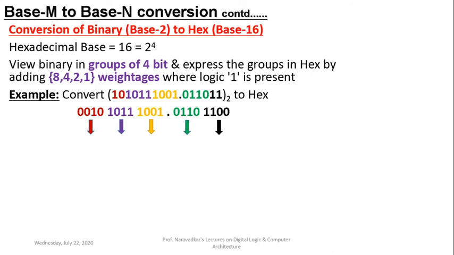So accordingly we simply write the hexadecimal result. 0010 binary is hexadecimal 2. 1011 is equal to 11, means in hexadecimal B. 1001 is equal to 9. 0110 is equivalent to 6 in hexadecimal and 1100 is equivalent to 12. 12 means in hexadecimal C. So that way we obtain that corresponding conversion here.